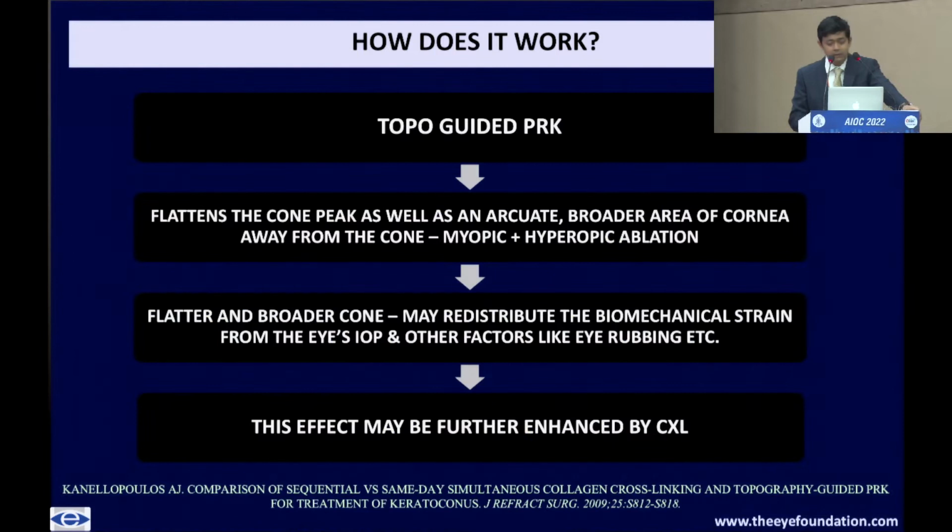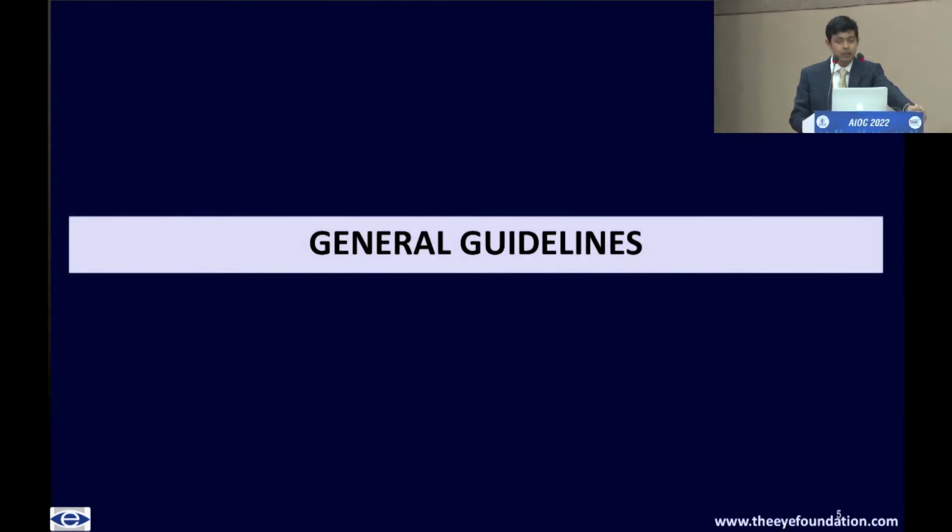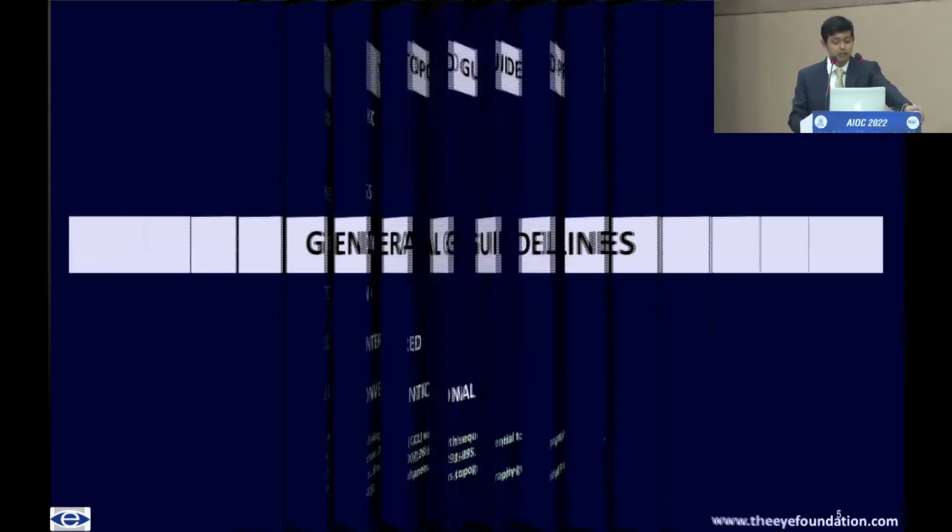How topo-guided PRK works is essentially we are trying to regularize the anterior surface of the cornea by inducing a kind of myopic ablation over the apex of the cone and flattening it, and steepening the relatively flatter area by having a mid-peripheral ablation like a hyperopic ablation. So it's a combination of treatment which is trying to give you a smoother anterior profile in your cornea, and thereby possibly a better spectacle corrected visual acuity and reduction in higher order aberrations.